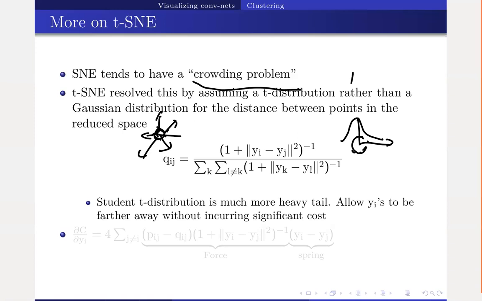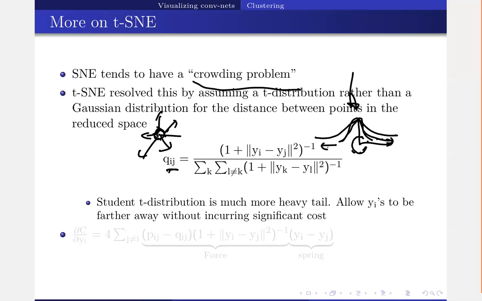Remember that in the SNE case, the distribution we use to model the points to be visualized in 2D is a Gaussian. If we replace this distribution with something with a heavier tail, which allows points to be farther away, then the data will be less crowded.